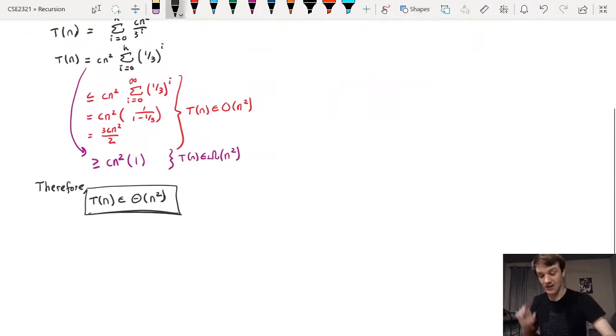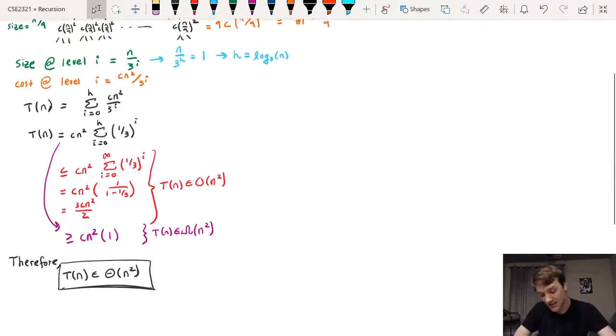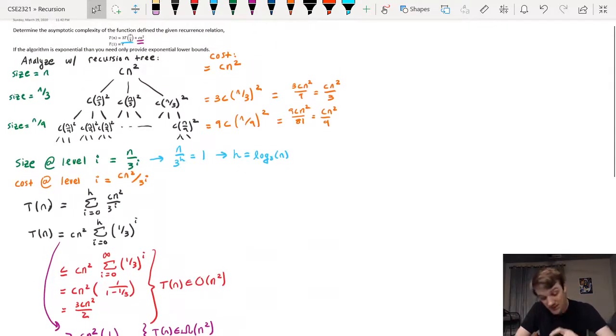And that's it. The way that this problem was different is because we expressed it as a summation. The reason we had to express it as a summation is because the cost at each level was not fixed. I could have written it in a different notation, so I'm going to do that off to the side here just to show us.